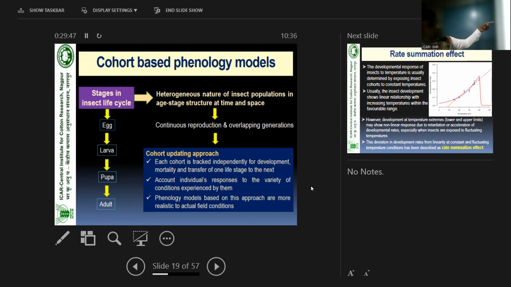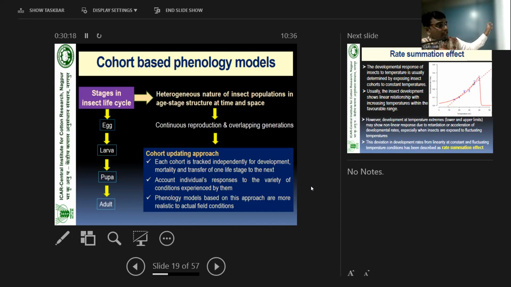And to consider this, we have the cohort updating approach. What it does is track the development of each cohort independently, for mortality, development, and transfer from one stage to the next stage. How one stage is developing into the next stage, and the different phenomena like mortality, survival, and development rate in that stage, will be accounted for independently for each cohort, each group of individuals.